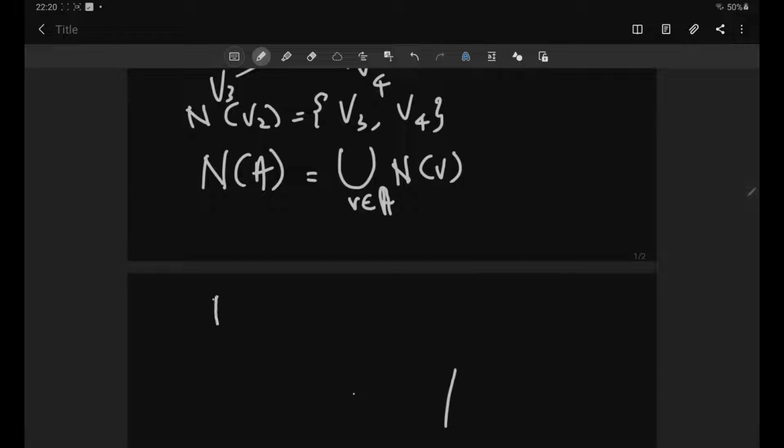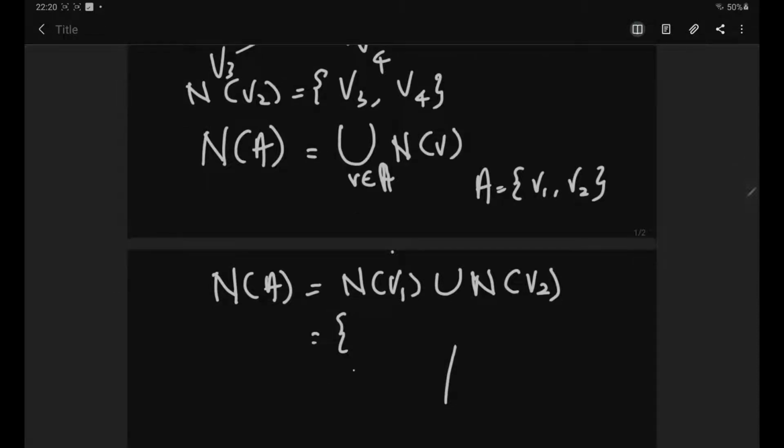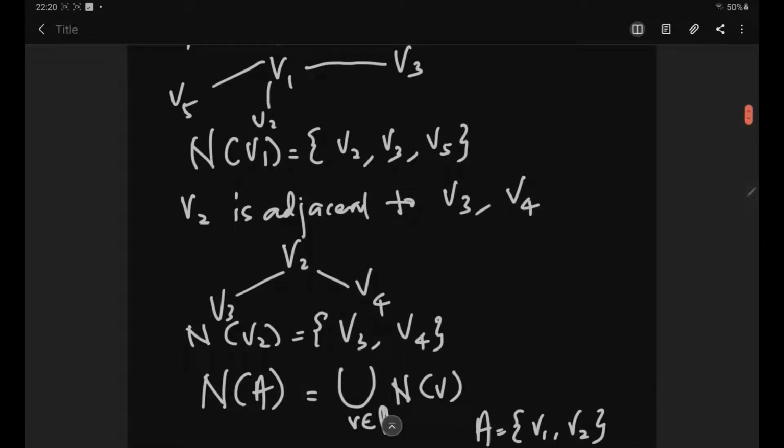That means N(A) is equal to N(V1) union N(V2), because the set A contains vertex V1 and vertex V2. So it is the union of the neighborhood of the vertex V1 and the neighborhood of the vertex V2. We combine two different sets together. So N(V1) we have V2, V3, V5.